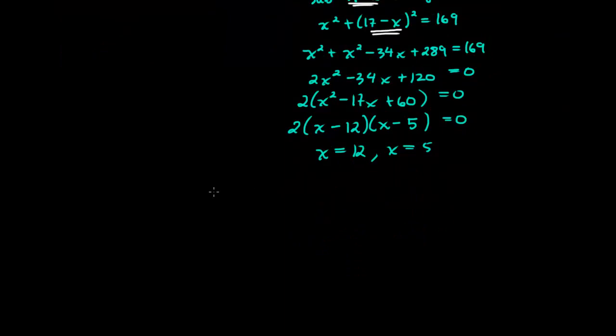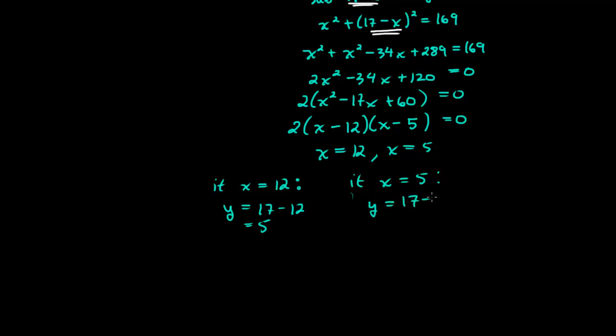So if x is equal to 12, y is equal to 17 minus 12, which is 5. If x is equal to 5, then y would be equal to 17 minus 5, which is equal to 12.